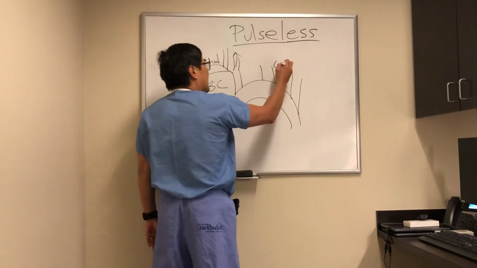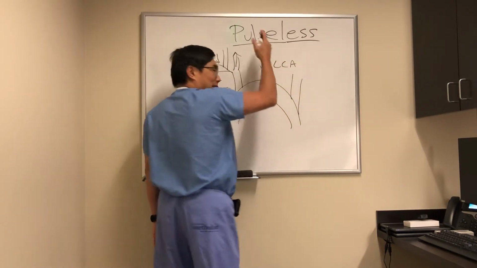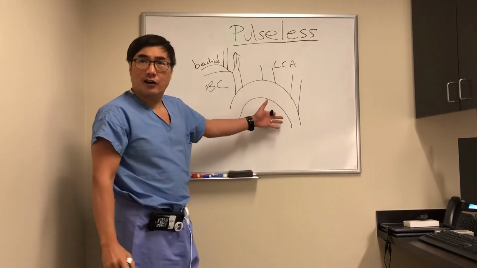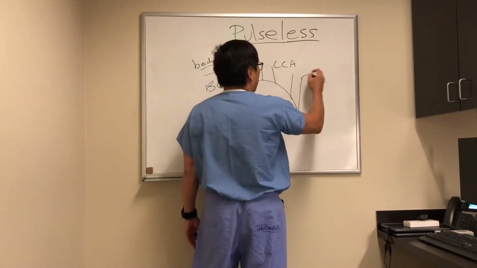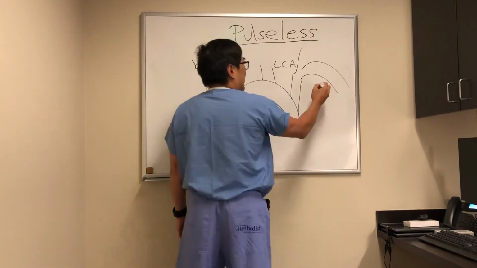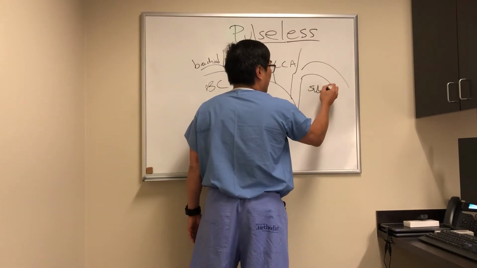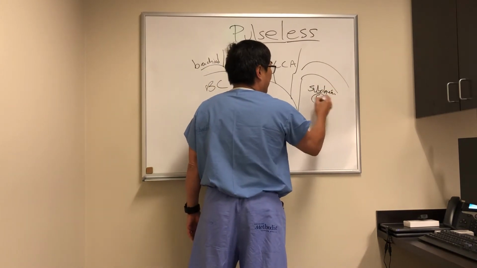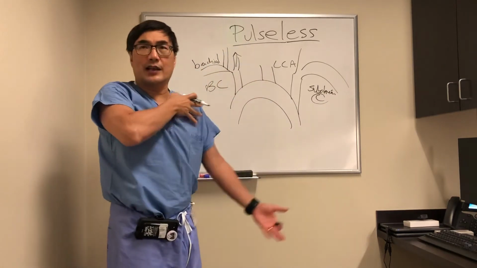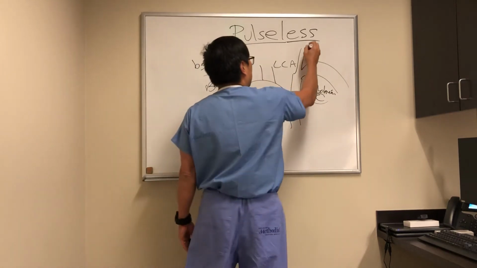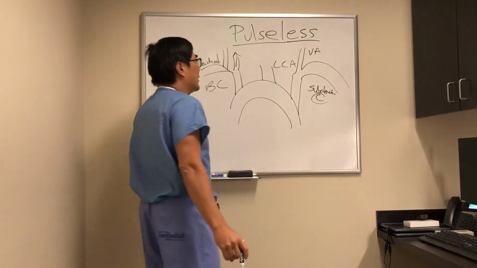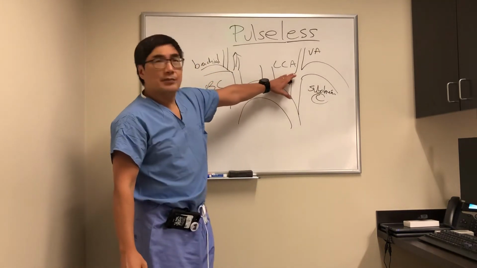On the left side, the common carotid artery comes directly off of the aortic arch, and the subclavian on the left supplies the arm and is under your clavicle, becomes the brachial, and the vertebral artery comes off of the subclavian on that side.